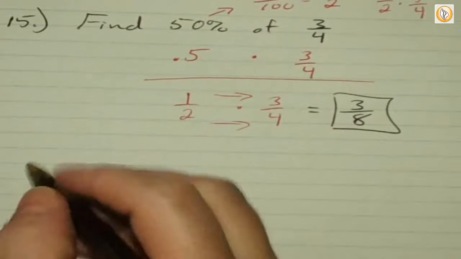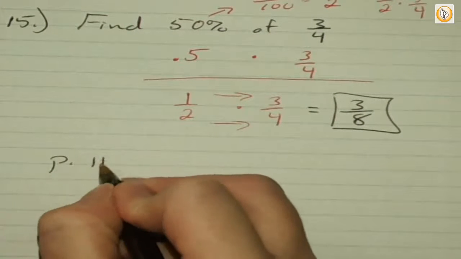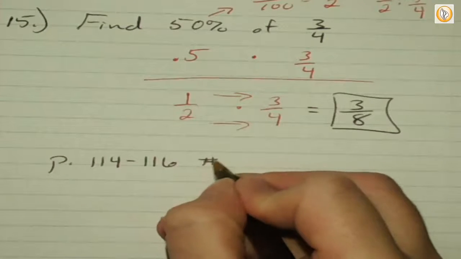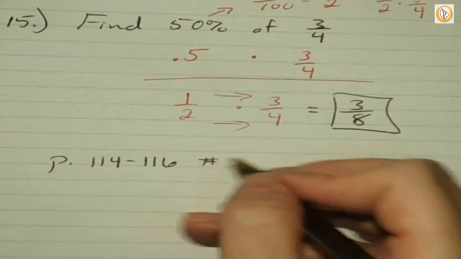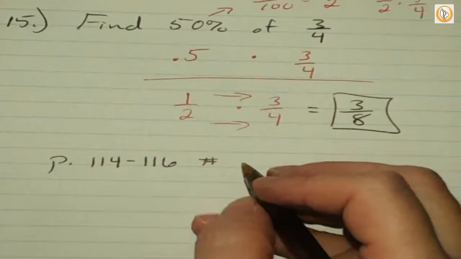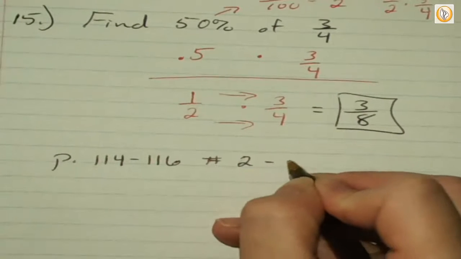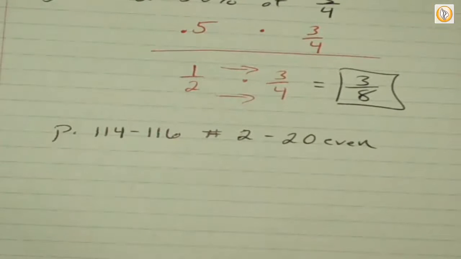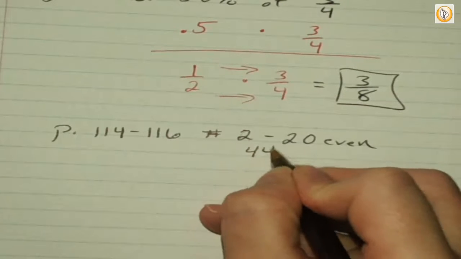All right, I'm setting you free. You're doing page 114 and 116. I'm going to be nice since it's Monday. Everyone is going to do 2 through 20 even. And 44.